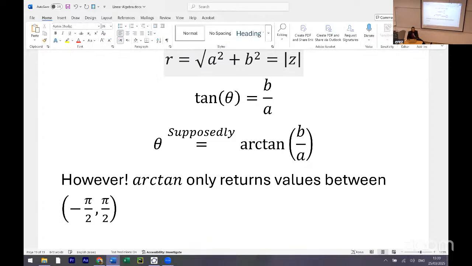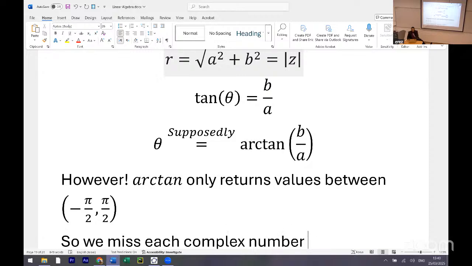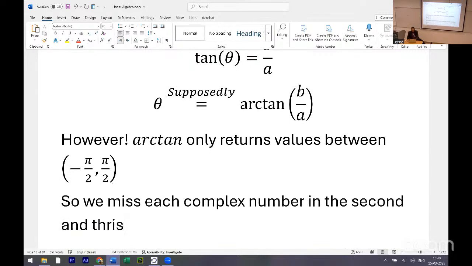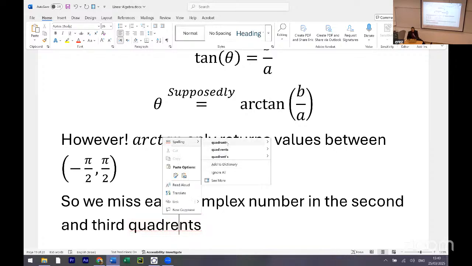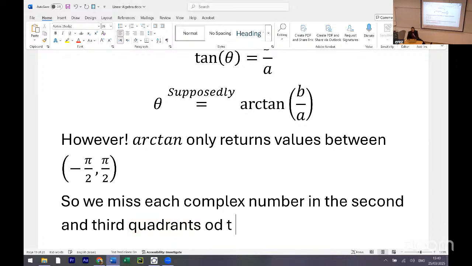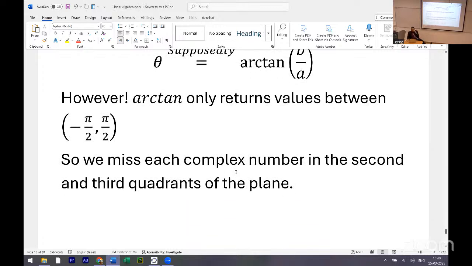So we miss each complex number in the second and third quadrants of the plane. So this only works for complex numbers with positive reals.